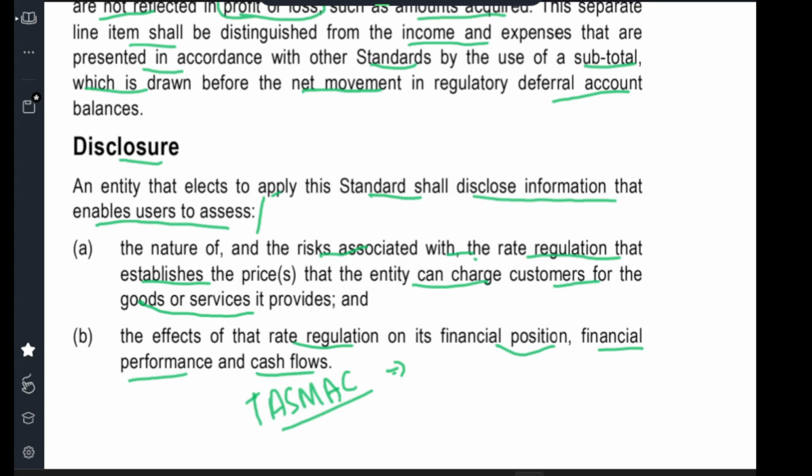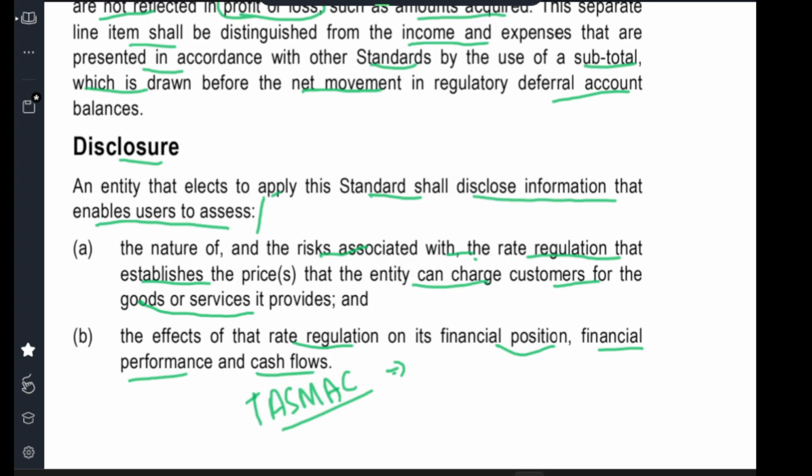So only that rate can be charged by the entity to the customer, not more than that. Same thing, the effect of rate regulation on financial position, financial performance, and cash flows. So how this rate affects us also has to be disclosed.